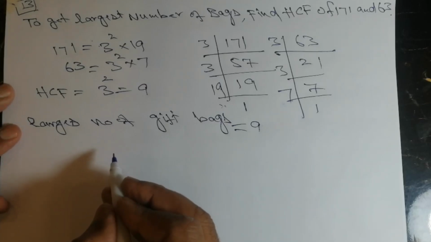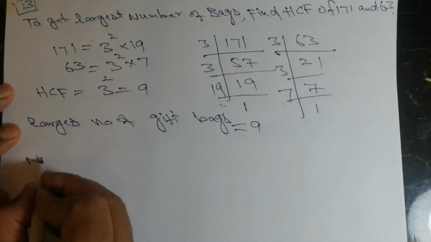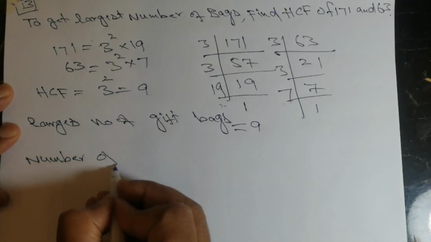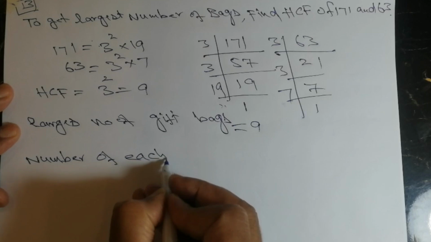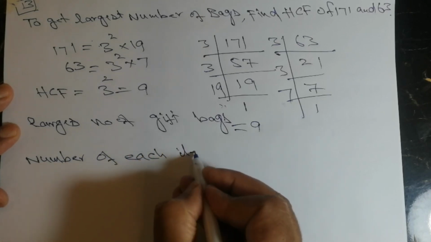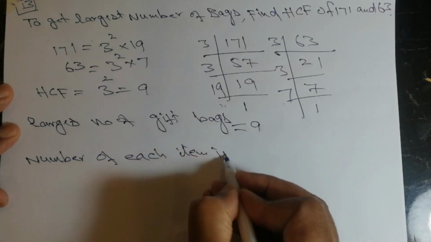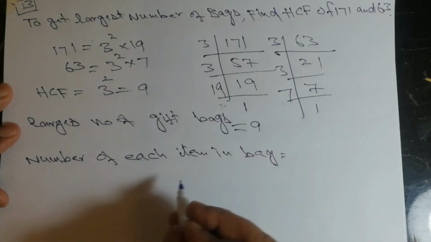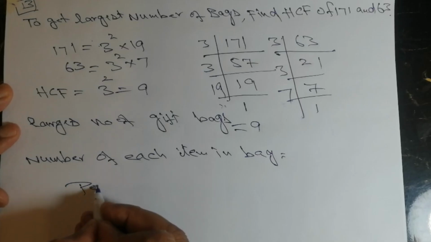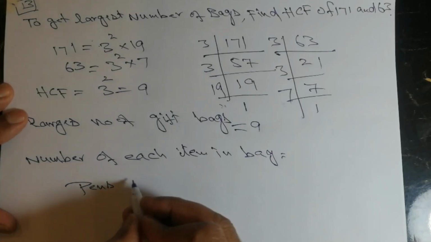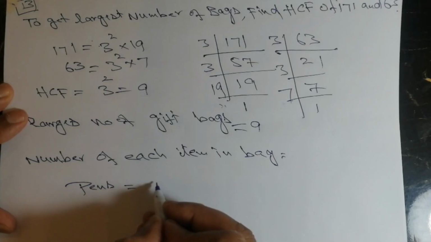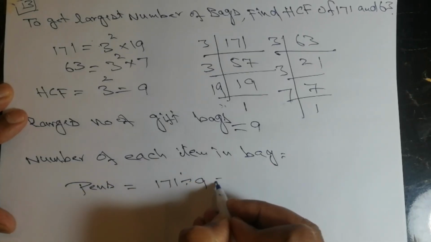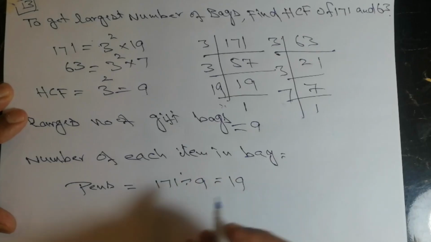Number of each item in a bag: pens, that is 171 divided by 9, that is equal to 19.